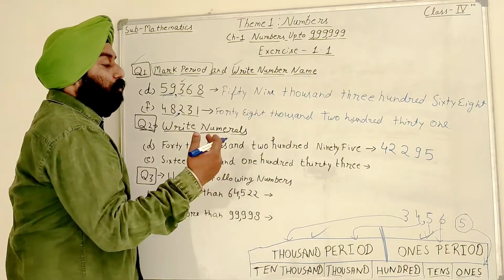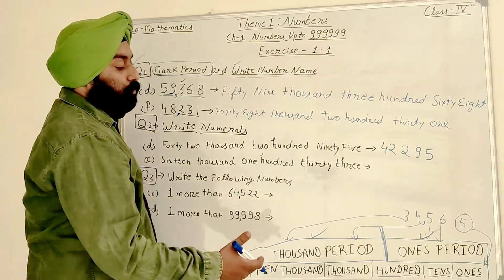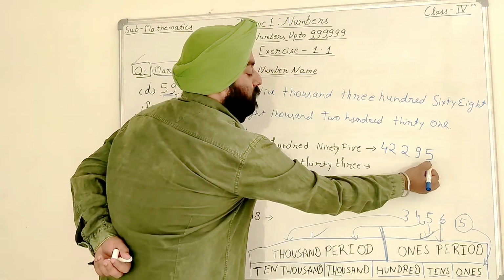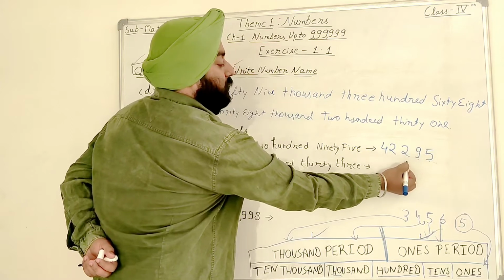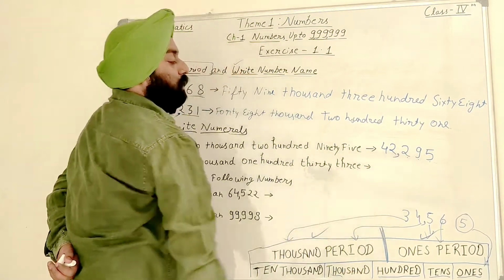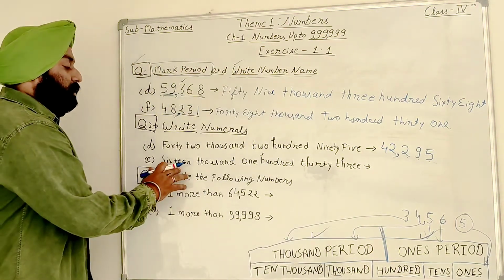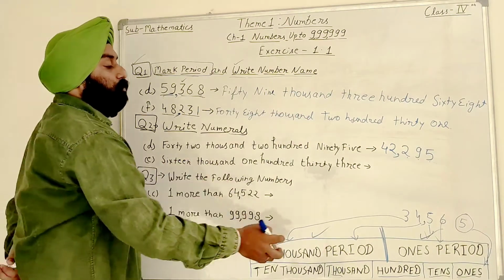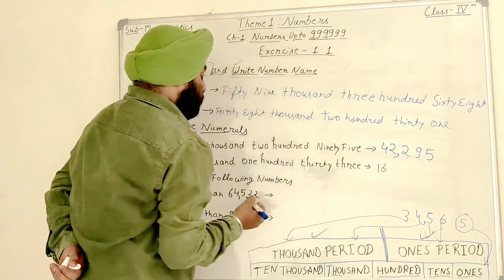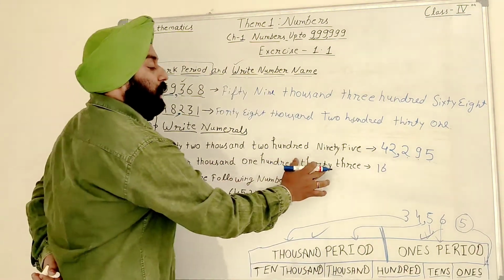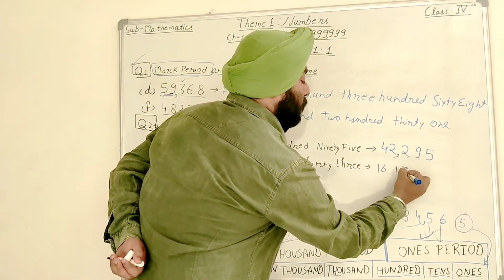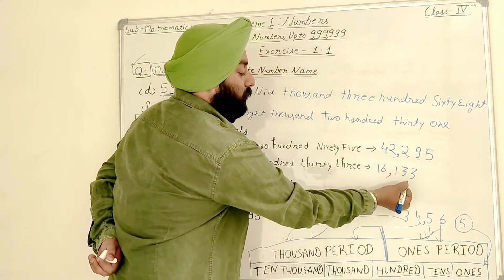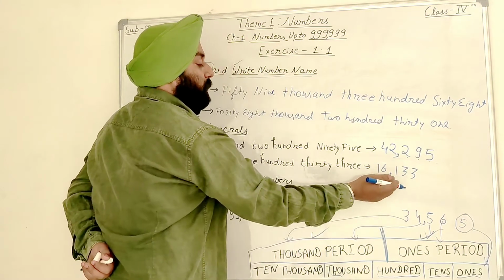Now we put the comma to separate ones period from the thousand period.